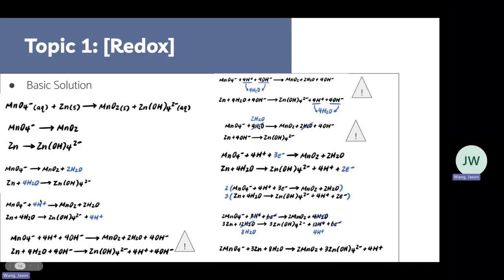So remember that after we've added the hydrogen ions, we then also need to add the same corresponding hydroxide ions on both sides, on both equations too. So we have to add hydroxides, and those hydroxides and hydrogen ions form water. So that's another key characteristic of redox in basic solutions, okay?